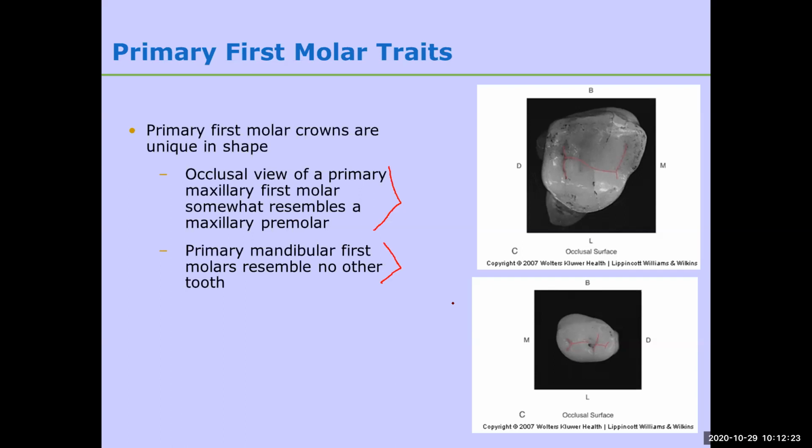We are going to go with the primary maxillary first molar may resemble a premolar, versus the primary mandibular first molar, which resembles no other tooth. This is the slide that we're going with, because this might resemble a premolar occlusal pattern.